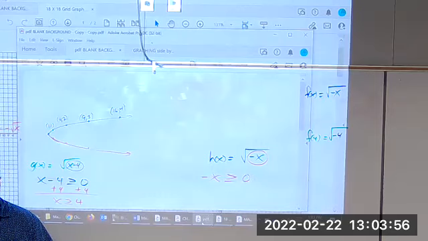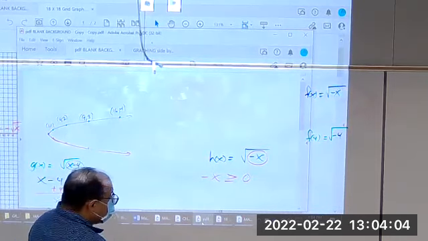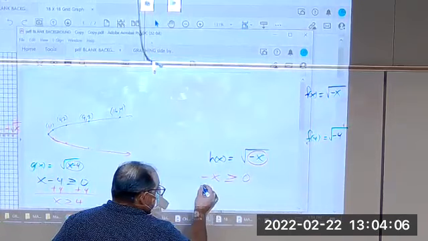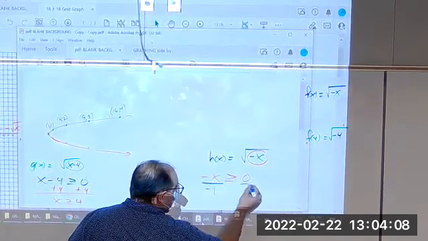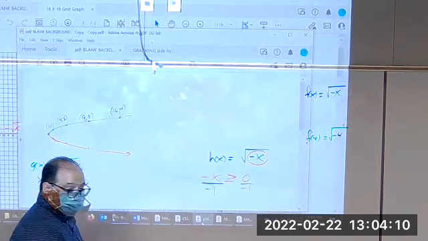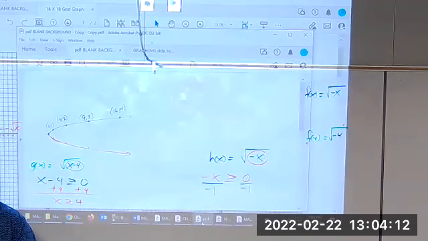I'm asking a question like -x solved, divide by -1. What has to happen if I have an inequality and I'm dividing by a negative? That is absolutely true.